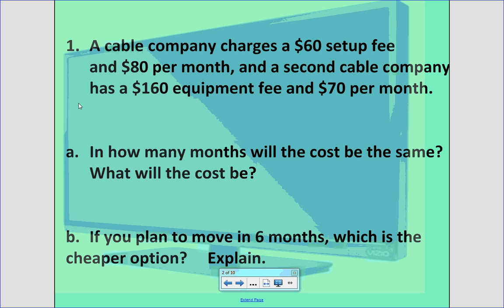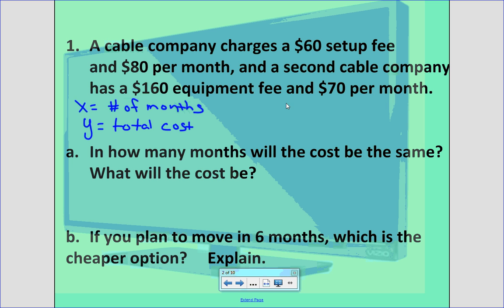So I'm going to have X equals, what do you have to pay for each time? The month, number of months. And what's Y? What's your end result after each month? It's how much you have to pay, right? So it's going to be your total cost.